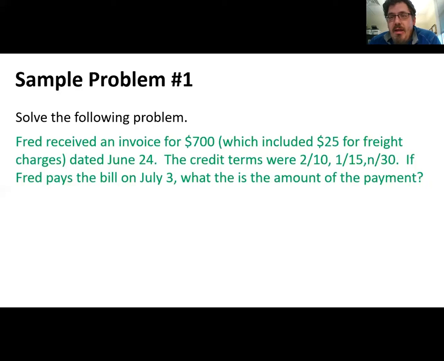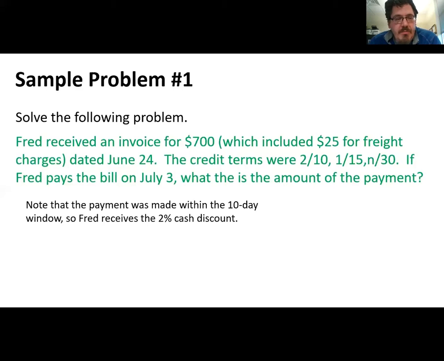Now, one thing that is important to note is that whenever you do discounts like this, freight charges are not included when you calculate the discount amount. So we're going to have to make sure we account for that when we do our calculation. All right, so a couple of things. He pays the bill on July 3rd.